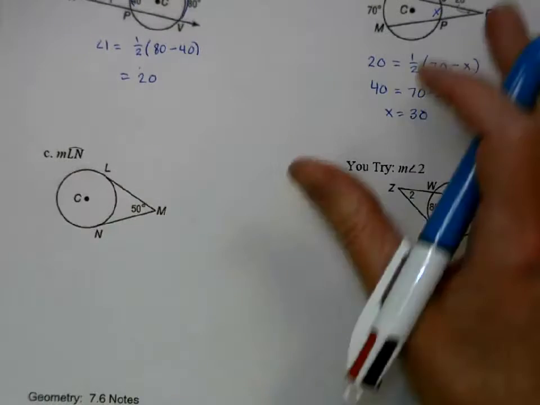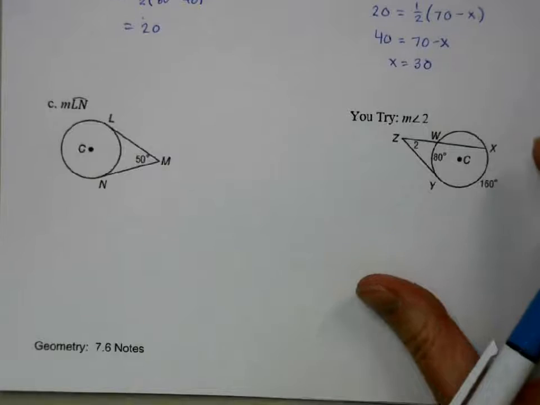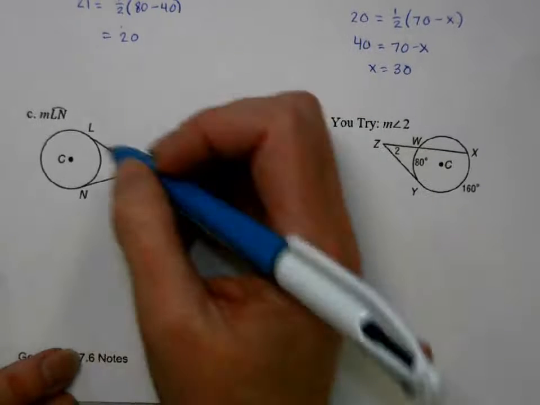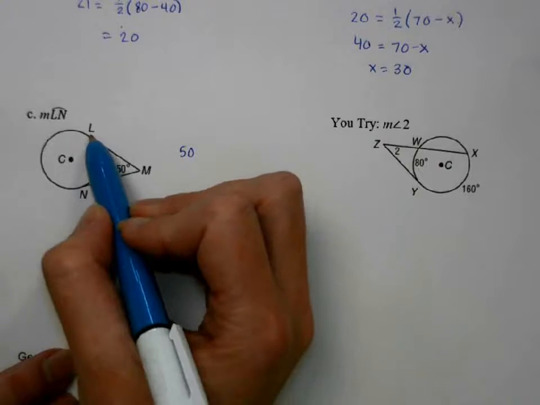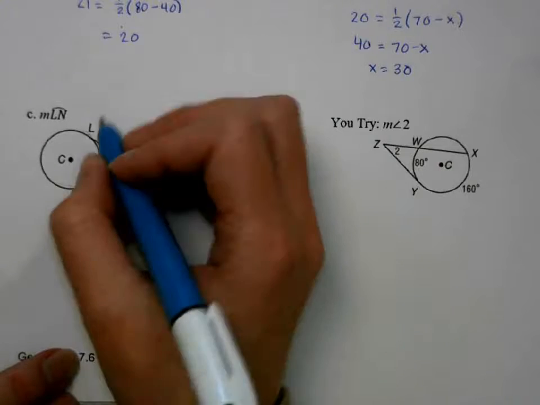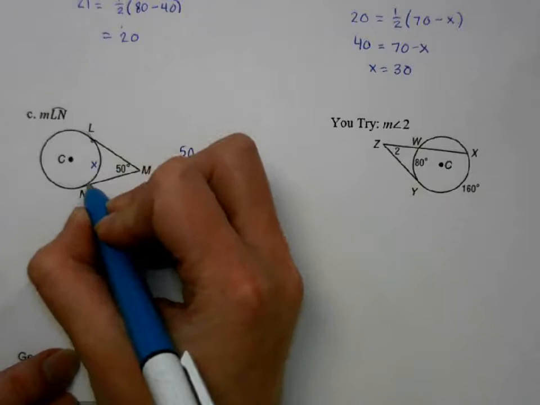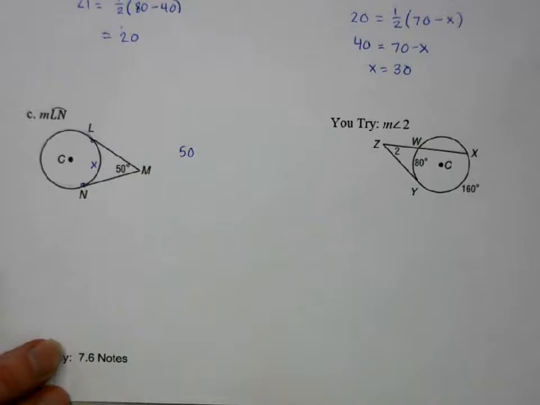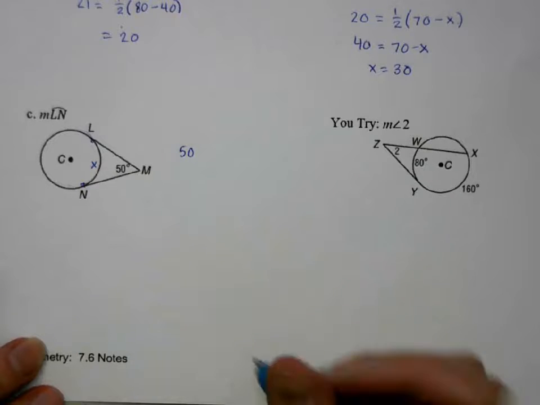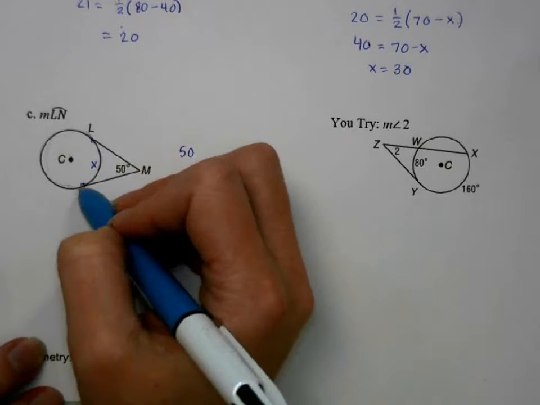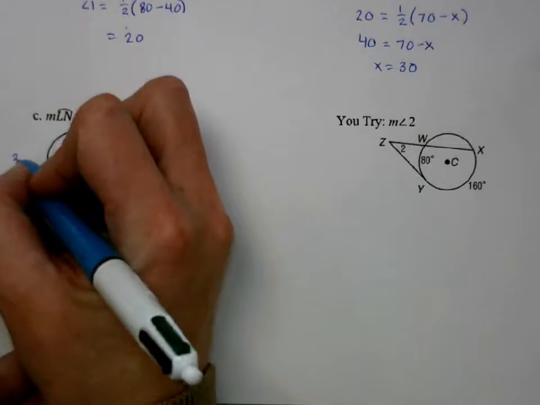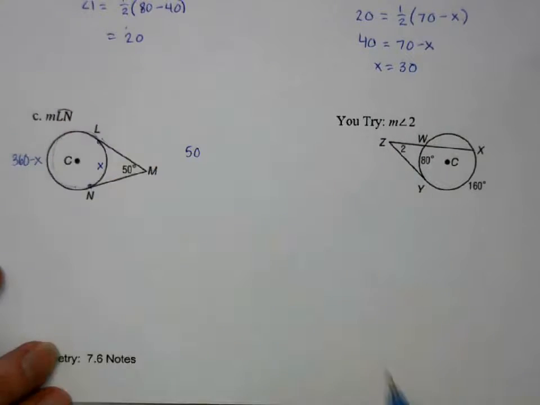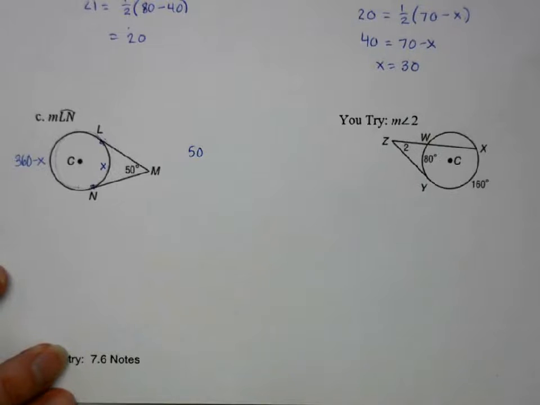Okay, this next one's going to be similar, but it looks different. So 50 is going to equal the outside arc minus the inside arc. I'm trying to find LN, so I'm going to label that X, but I don't have a measure. But I do know that this arc and this arc are going to add up to 360. So this arc is going to be 360 minus whatever X is.